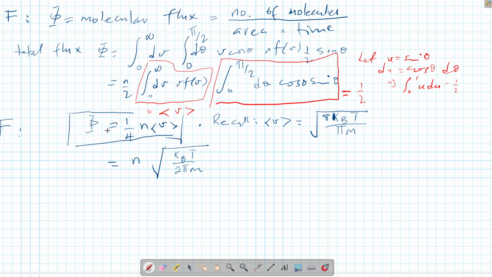If we want to compute the pressure due to the gas, right? So this is going to be point G. Remember, pressure in general, little p, is defined as force divided by area.